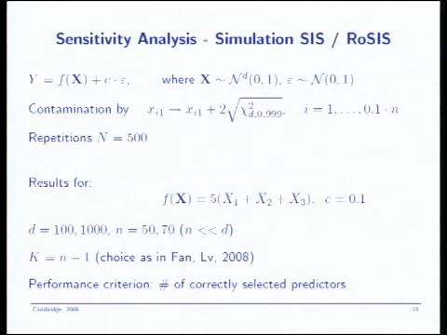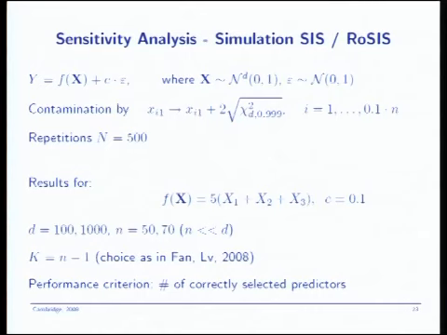Okay. So in that situation, we have been looking again at contamination schemes, at outlier schemes. This is some function, and we have taken the same one which had been used in the paper and in other comments.